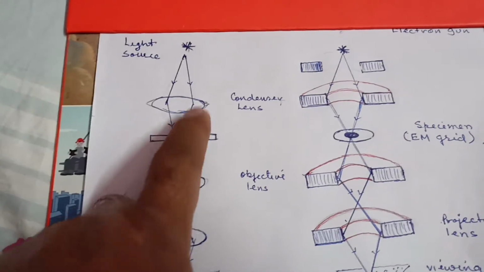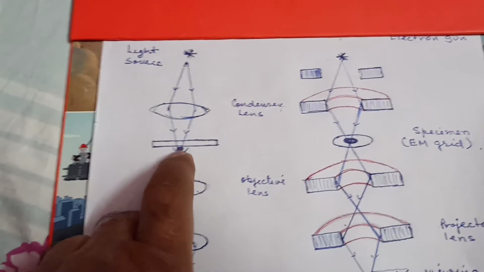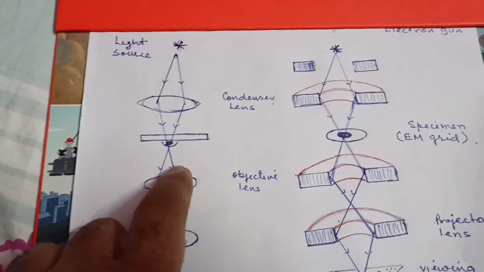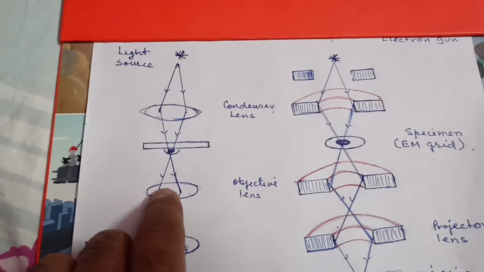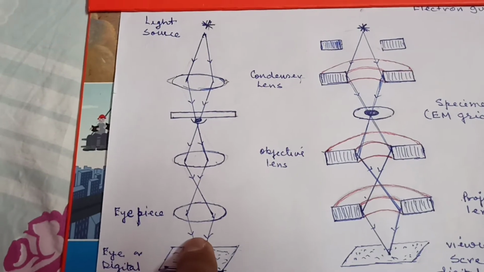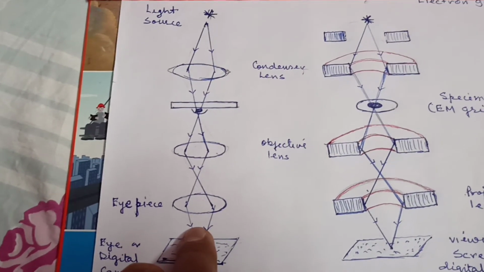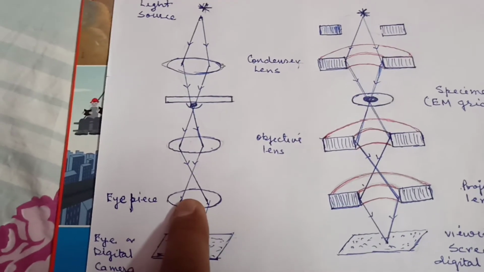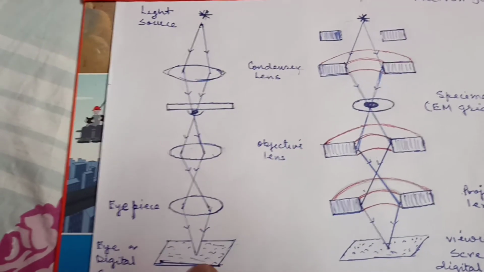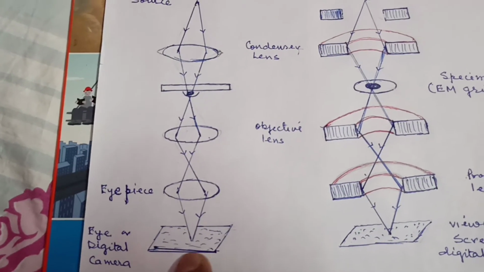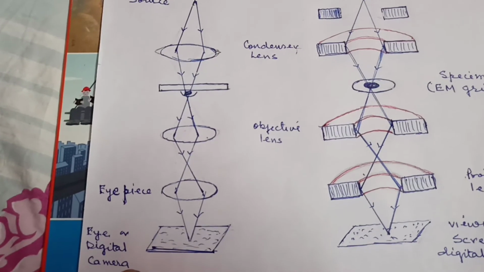When this light falls on the object, it goes on to the objective lens. The objective lens magnifies the size of the object and then focuses it on the eyepiece, and then the eyepiece focuses it on the eye or digital camera.